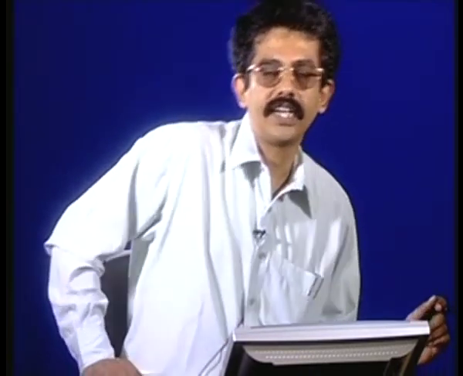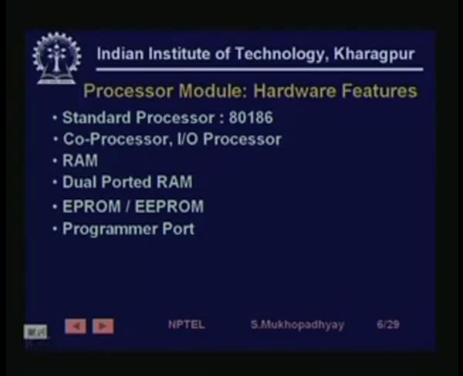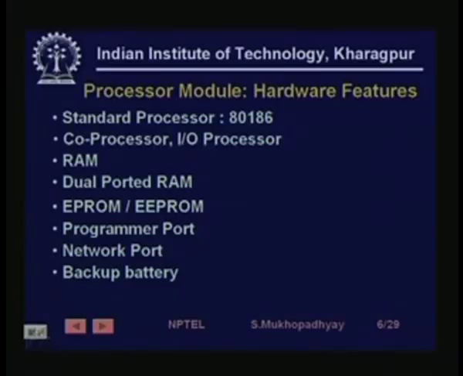So, this kind of reading and writing on the fly by another processor is possible if you have dual ported RAM. You have EEPROM or E²PROM. These are typically read only memories, and they are used for storing the PLC programs. You have programmer ports which are used for downloading programs. You have network ports. You have backup battery.